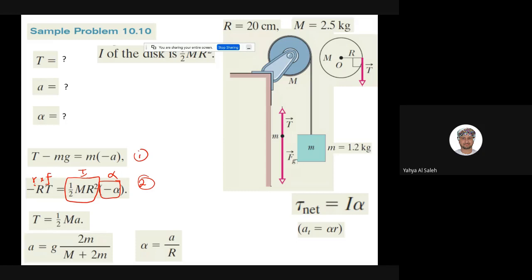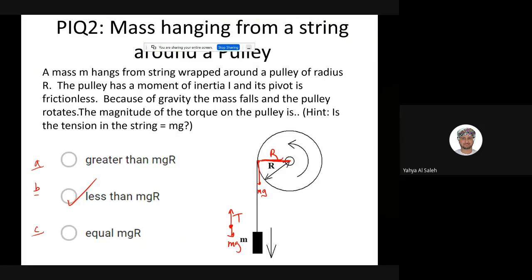So our torque is going to be I alpha, where alpha is A over R, and this is our A. So it's going to be less than mgr. Because the tension on the pulley is not equal to mg. It's less than mg.